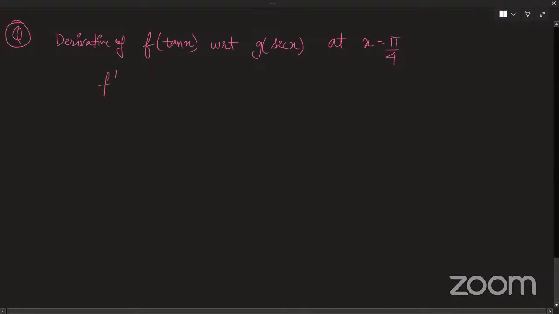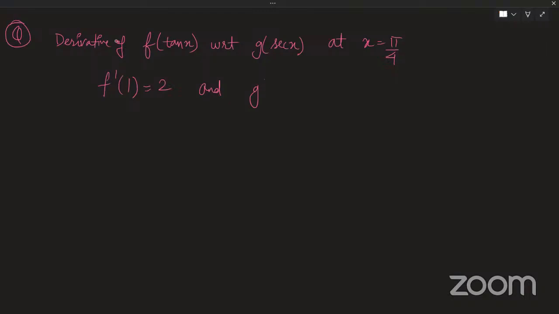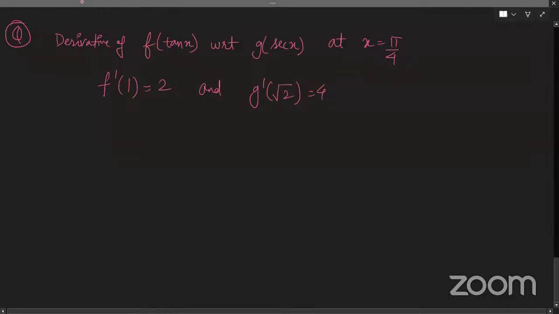And it is being given to you that f dash of 1 is 2, and g dash of square root 2 is 4. So it is asking you the derivative of f of tan x with respect to g of secant x.